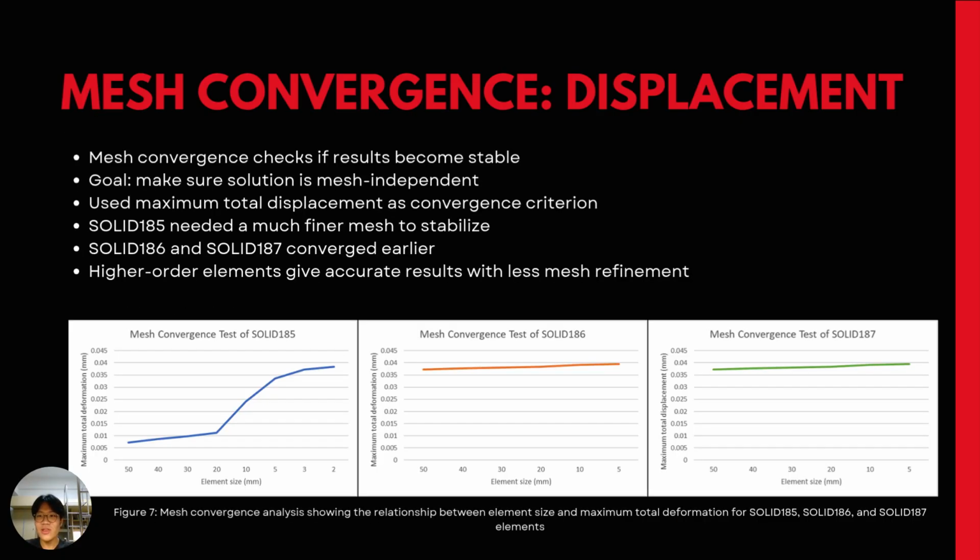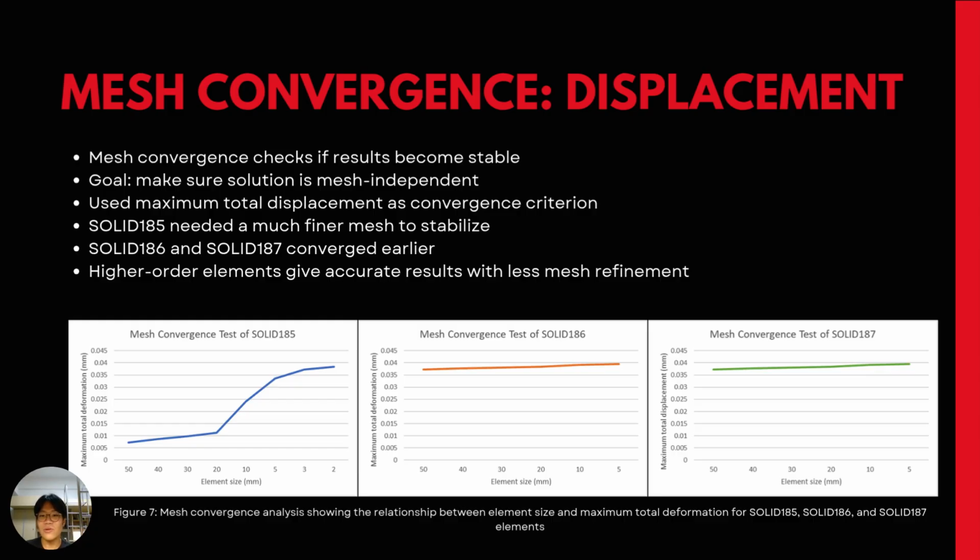To check mesh independence, I performed a convergence study using maximum total displacement. This was chosen because displacement is the primary variable solved directly in finite element analysis and is usually more stable than stress. The results show that Solid185 was more sensitive to mesh size and needed a finer mesh before stabilizing.